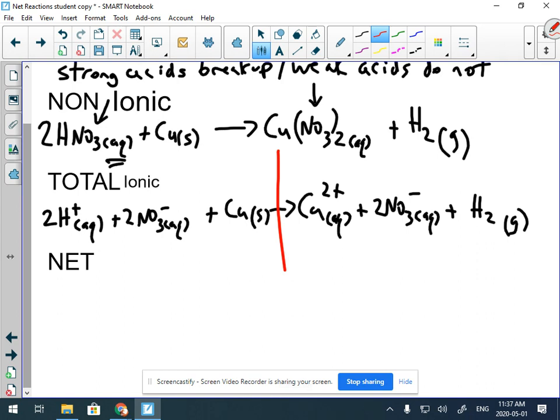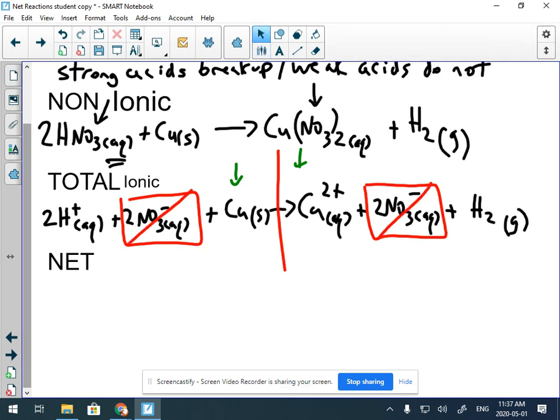So some of you might be thinking, what about the coppers are the same? Okay, true. But if we look, the copper has a different charge and the coppers have a different state. The entity that is exactly the same is the nitrates. And in the net, we actually remove them because they don't do anything.